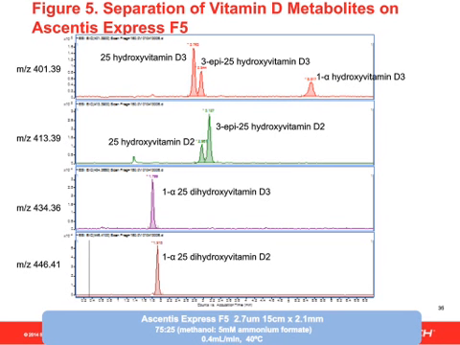Going through also, we look at the 25-hydroxy D2 and the epi D2. Again, it's not as common to look for the D2, but it was reassuring to know that these conditions were sufficient to be able to do that resolution should there come a need to start monitoring the epi D2. And then, of course, the 1-alpha, 25-hydroxy D3, and 25-hydroxy D2, no issues in resolving those conditions either.